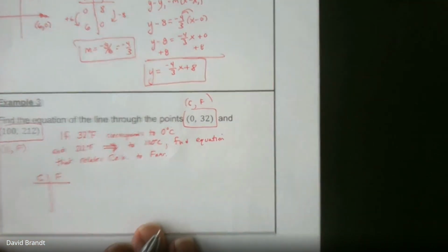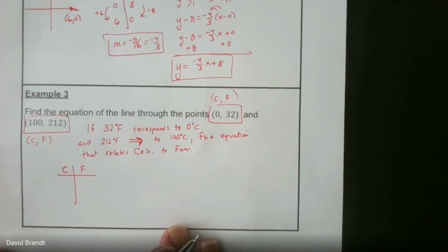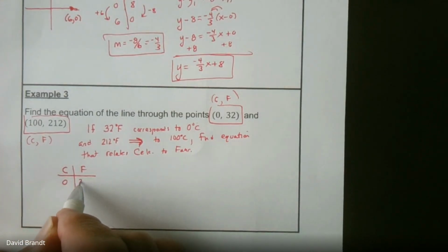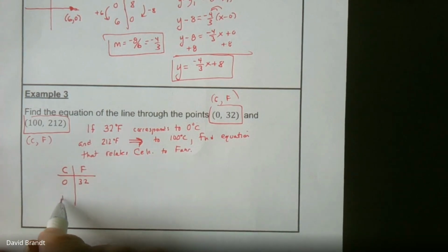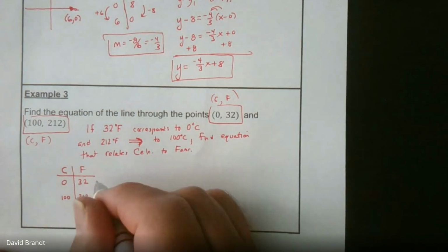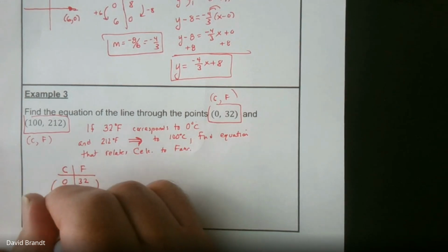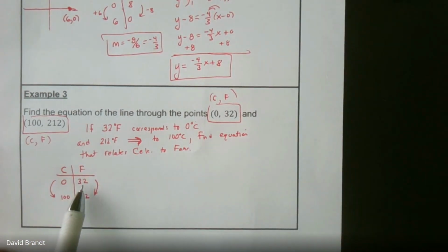I'm going to put our 2 points into a table. I like to find the slope visually in a table. My first point is (0, 32), and the second is (100, 212). Now, slope is rise over run. My rise is from 32 to 212.